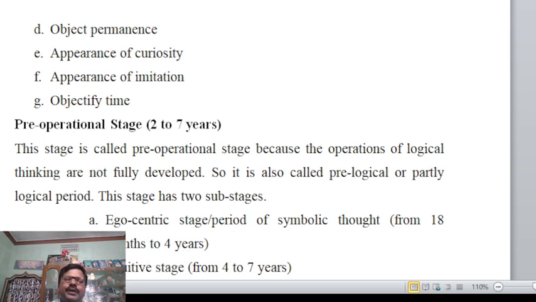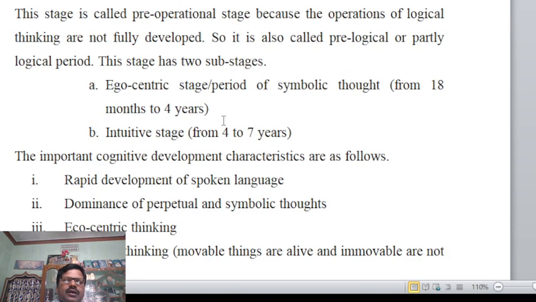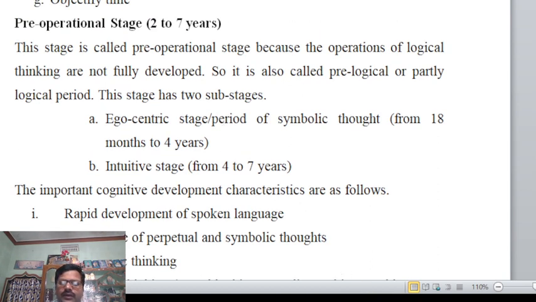Next stage is your pre-operational stage, the stage that comes during your early childhood period. At this stage, what happens?